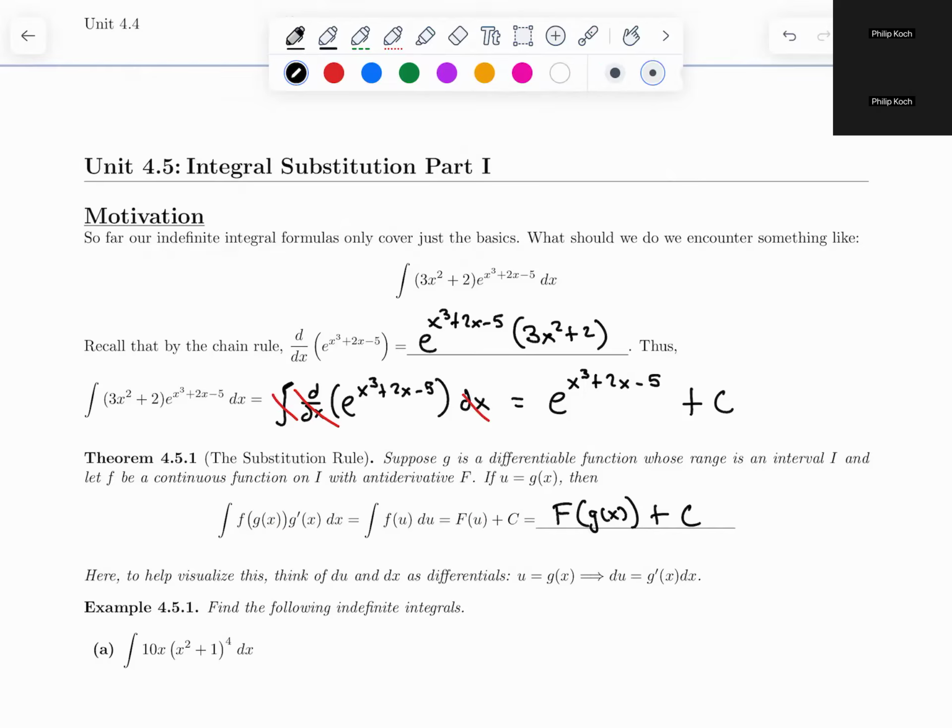Okay, that's a loaded theorem. What's more important to understand is how to use it. But what it is trying to say is to try and visualize it with differentials.